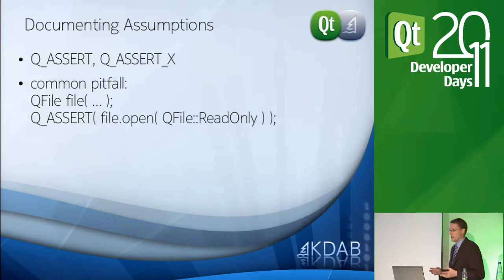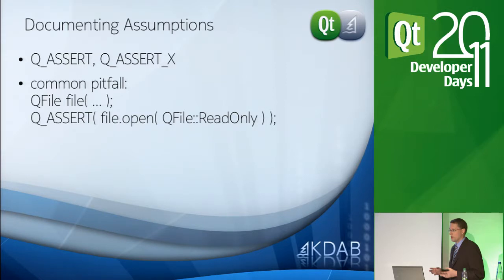Qt also offers macros for those, Q_ASSERT and Q_ASSERT_X. The second one is similar to the first one, which just gets a Boolean condition and will abort the application if that condition is not true. The second one also allows you to add some extra textual information on the location where that happened and the reason why this assert is there. So what you actually did wrong to trigger it.